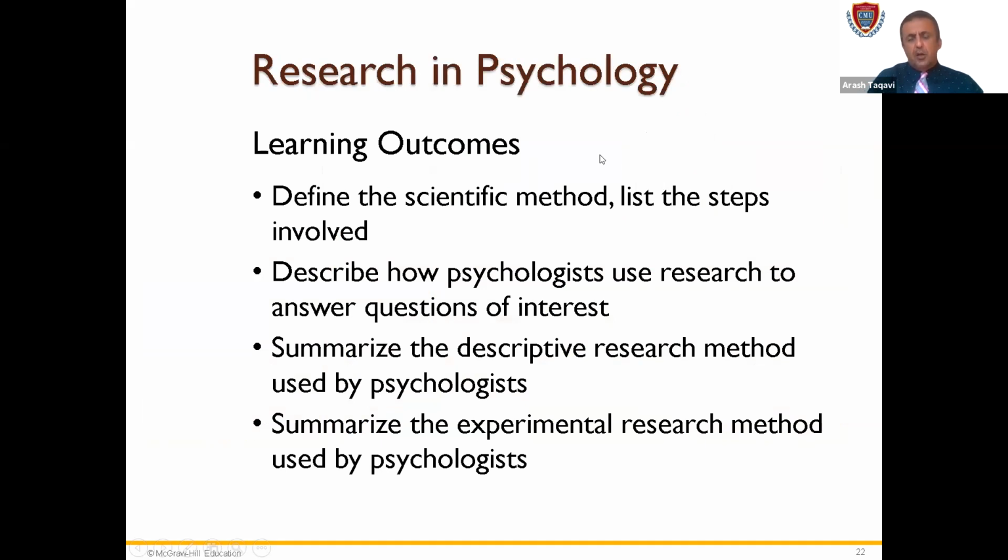The final part that I want to talk about very shortly is research in psychology. At first, you know that if you don't know anything about statistics and research method, you are not a scientist. You cannot work with the science.